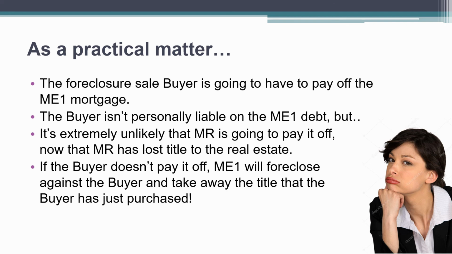So that just leaves the buyer. If the buyer doesn't pay off the ME1 mortgage, ME1, the lender, will foreclose against the buyer and take away from the buyer the title that the buyer just purchased. Obviously, if the buyer is interested in keeping the property, they don't want that to happen. So the only way they can avoid it as a practical matter is to pay off the ME1 mortgage.